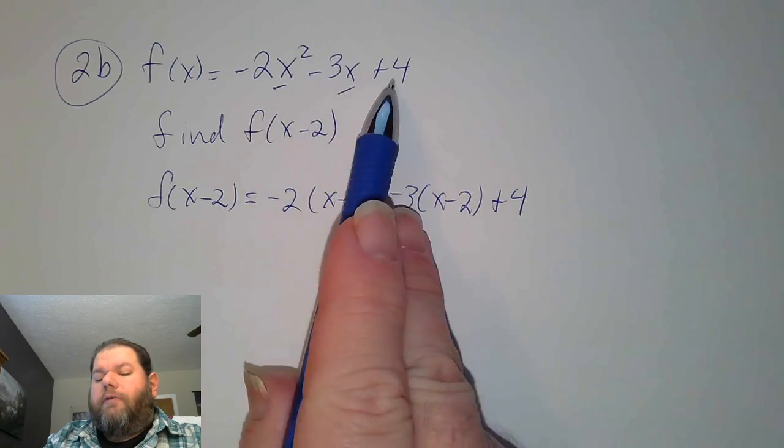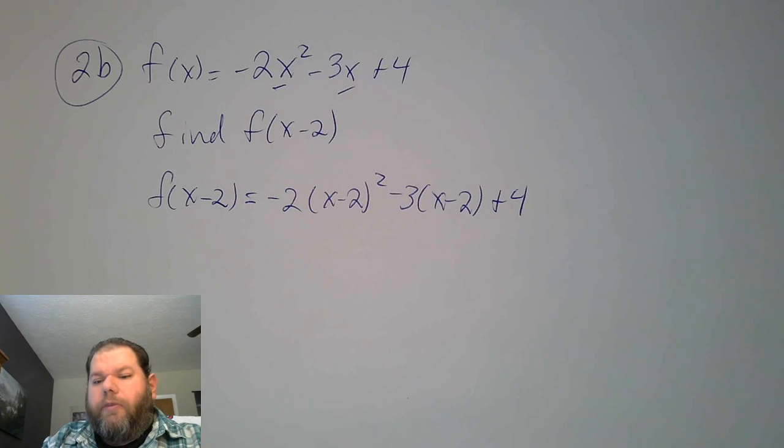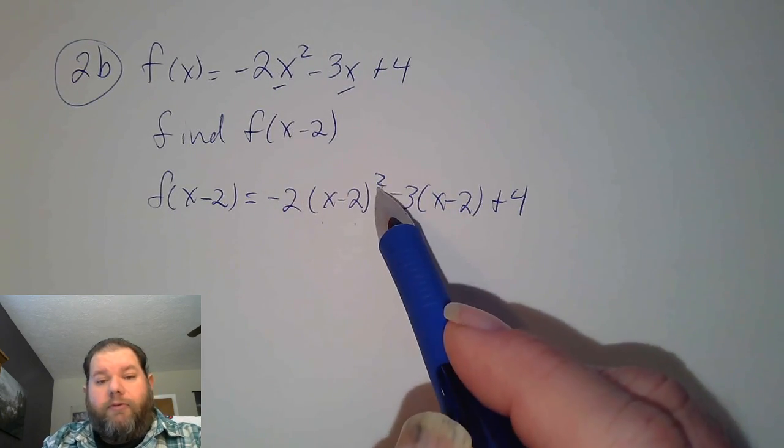So we just take this equation, each x turns into this x minus 2 term. And because this one's squared, that means our binomial will be squared here also.